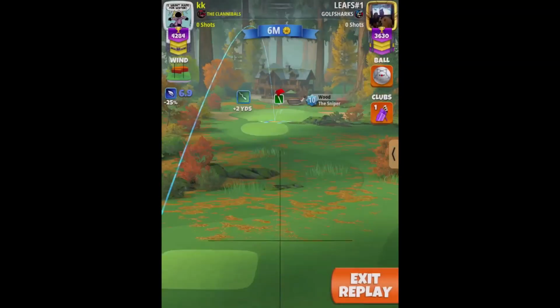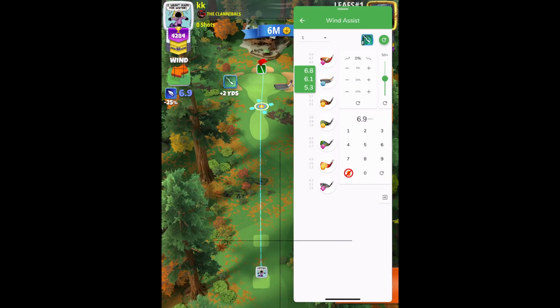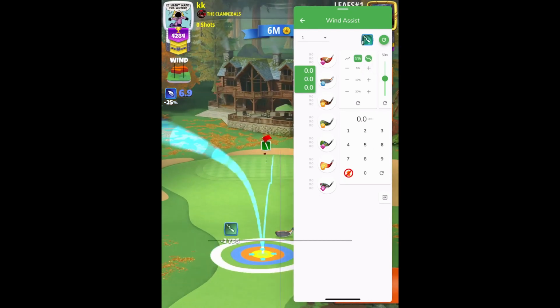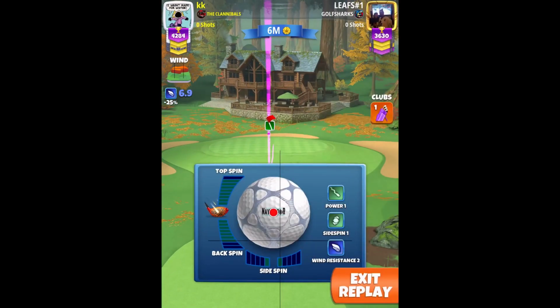Here's a right to left head crosswind. That's a pretty low wind, 6.9. Setting up at min driver distance. And I'm going to do about 4.8 backspin.